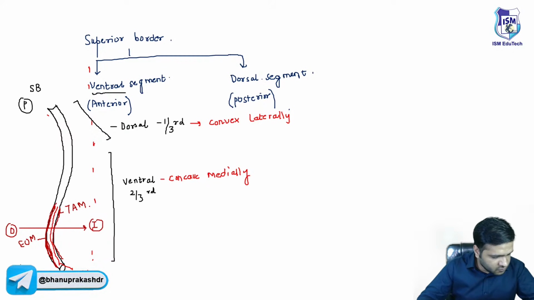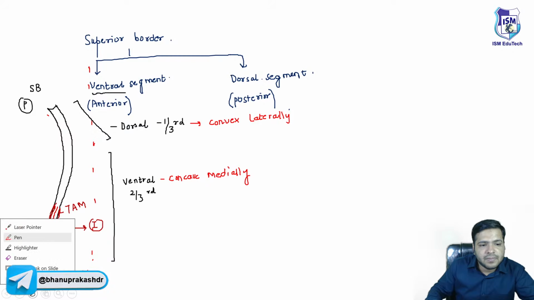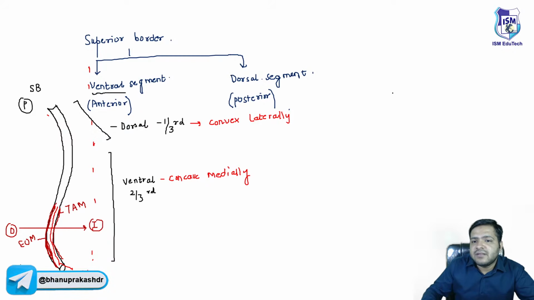Now if you want, I will try to show this better. This ventral segment, beta, is having two lips.